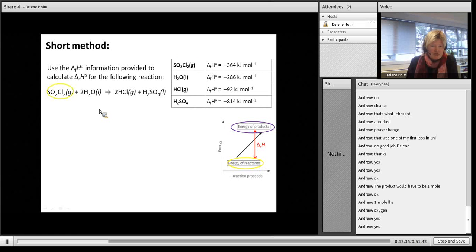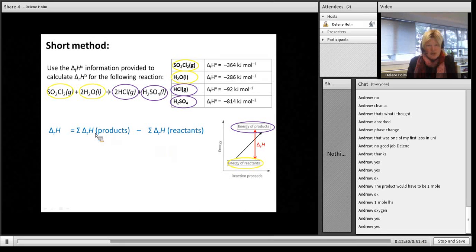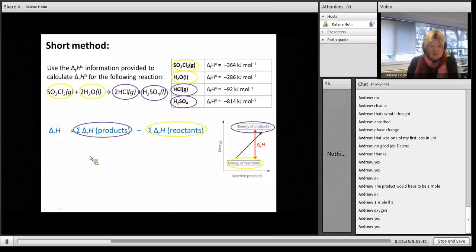So these are the reactants in yellow. So if I add up those 2 values, and they are my products in purple, and if I add up those 2 values. So here's my equation that we had met previously, and it's of course products subtract reactants.